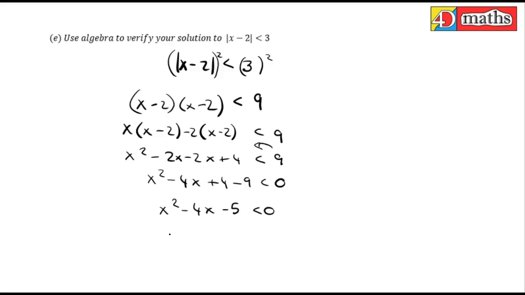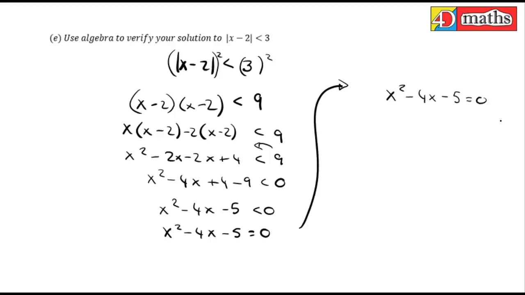Now the way to solve this is you don't worry about the inequality yet. We just let it equal 0 and we'll worry about it after. So x squared minus 4x minus 5 equals 0. Minus 5 is my guide number, so I need to get 4. It'll be minus 5 and plus 1, because I want a minus 4.